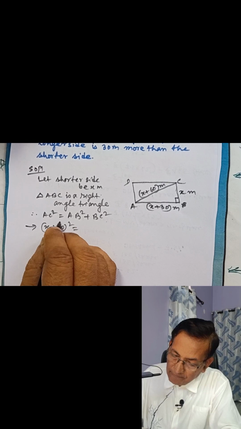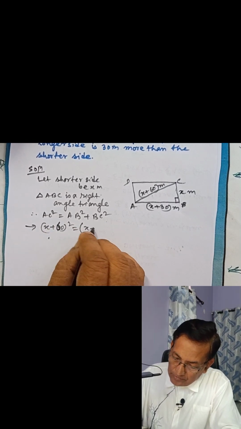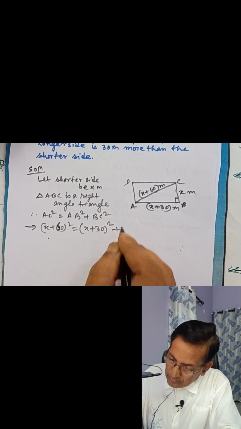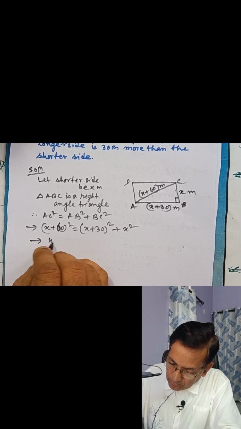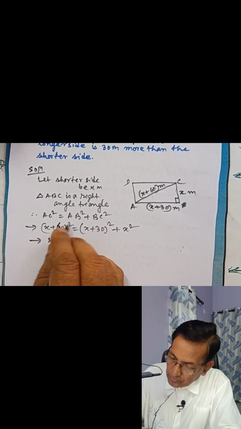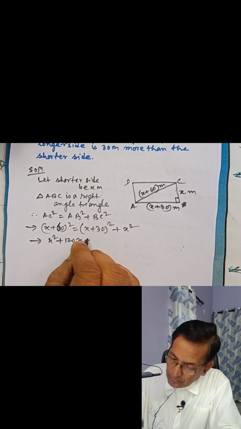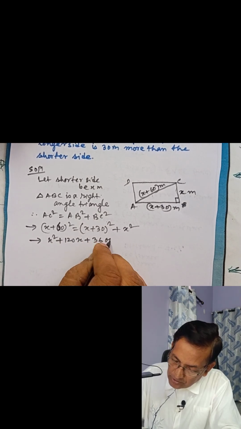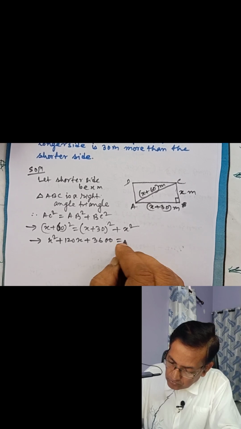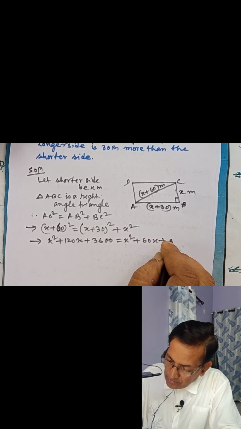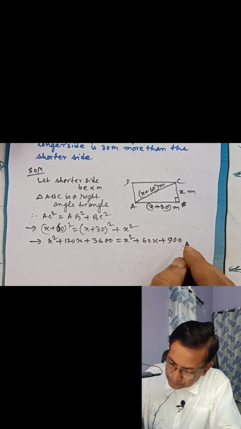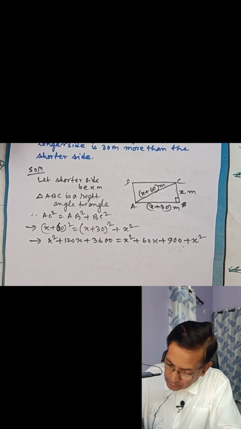AC square, (x plus 60) whole square, is equal to (x plus 30) whole square plus x square, or x square plus 120x plus 3600 is equal to x square plus 60x plus 900 plus x square. You can cancel x square from both sides.